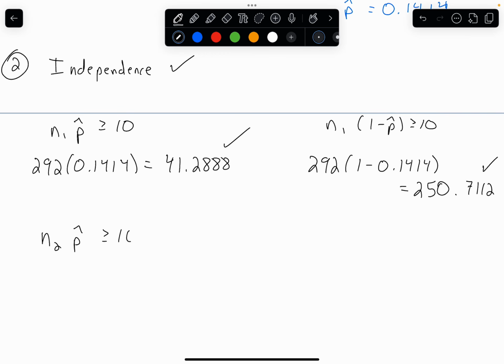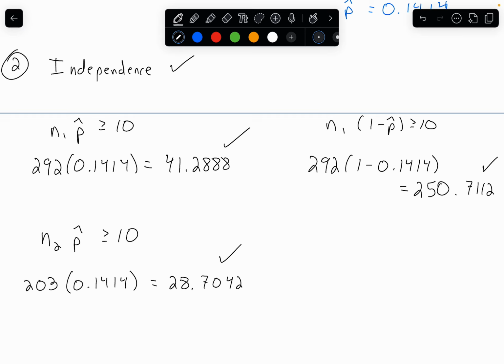Is that greater than or equal to 10? So 203 times P hat, we said that was 0.1414. So grabbing my calculator real quick, 203 times 0.1414, I have 28.7042. That is certainly greater than or equal to 10.